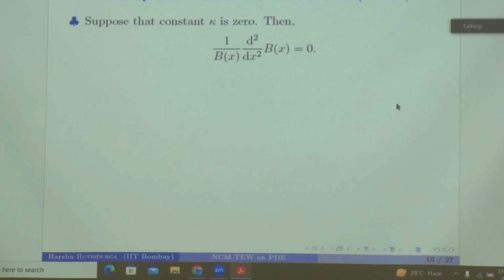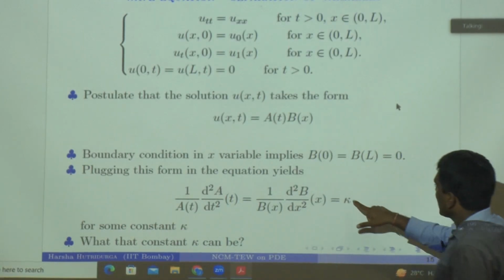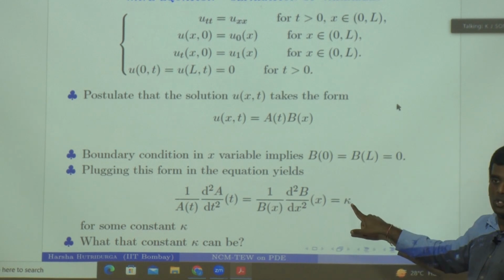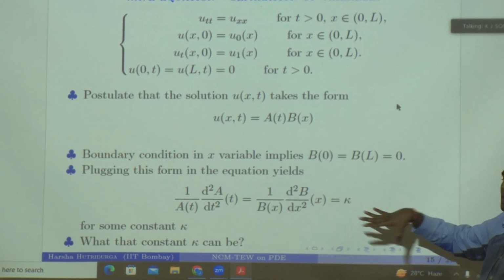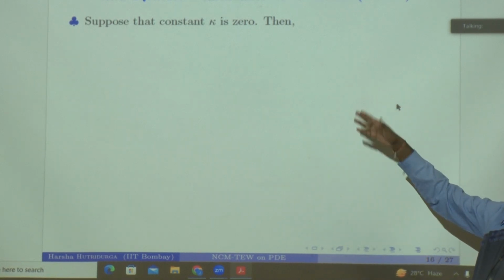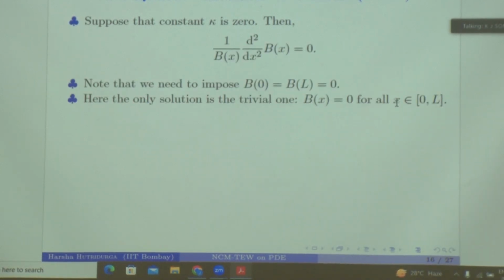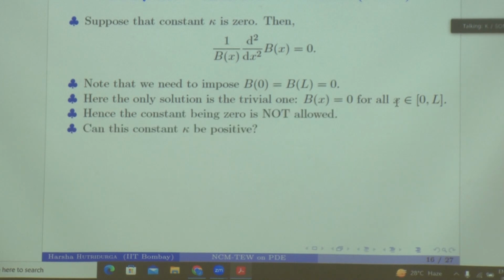So this tells you that your constant kappa cannot be 0. Those ratios should both be equal to kappa, but they cannot be equal to any arbitrary constant. For example, they cannot be 0, because then you will get only the trivial solution for b. So kappa equal to 0 is not allowed.